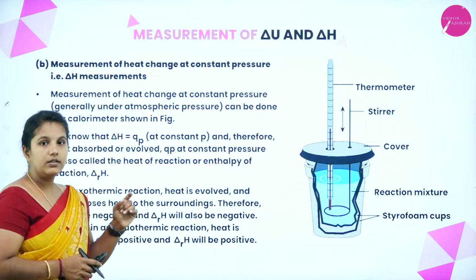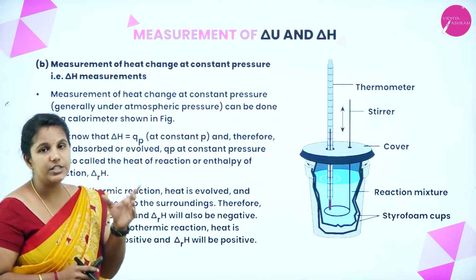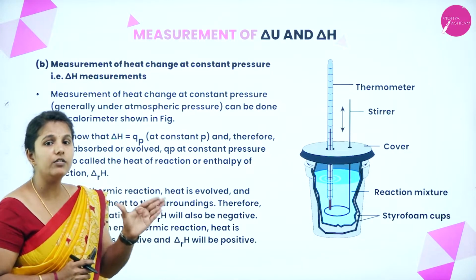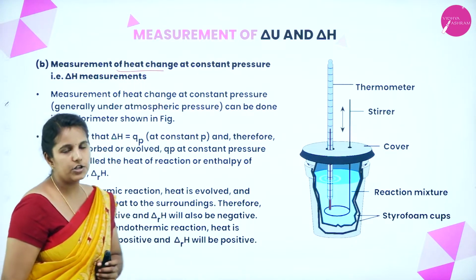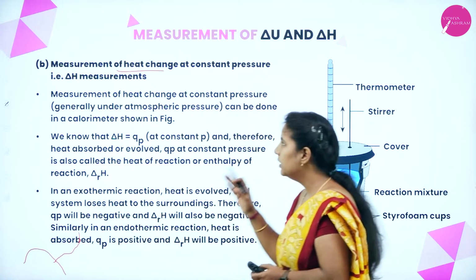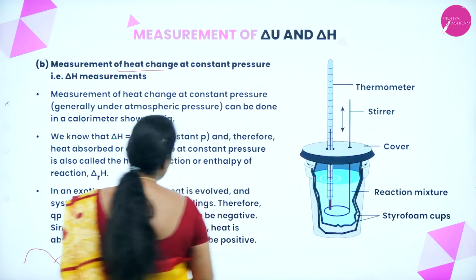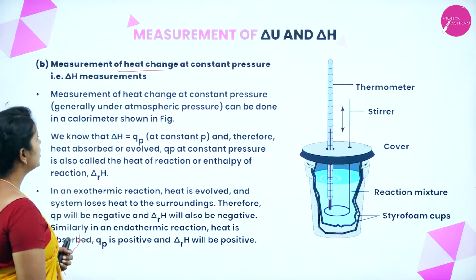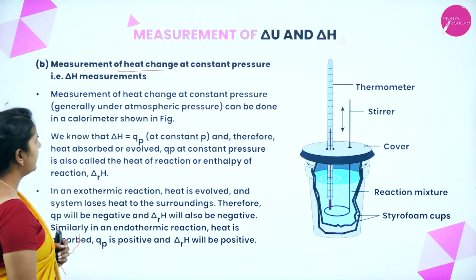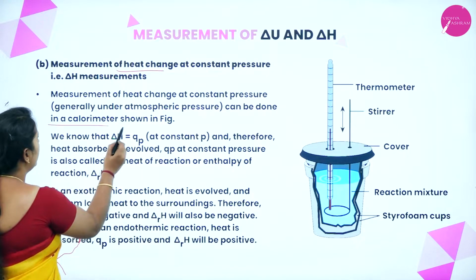Next, we have the measurement of change in enthalpy. The measurement of the change in enthalpy is done by keeping the pressure constant. Okay. So, this can be observed by using a calorimeter. The measurement of the heat change at constant pressure can be done by a calorimeter.